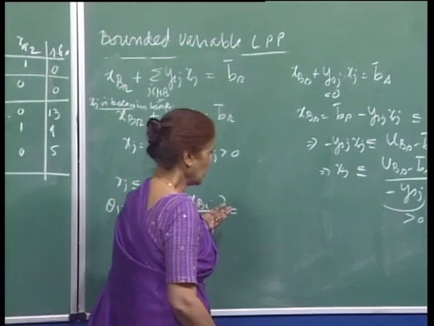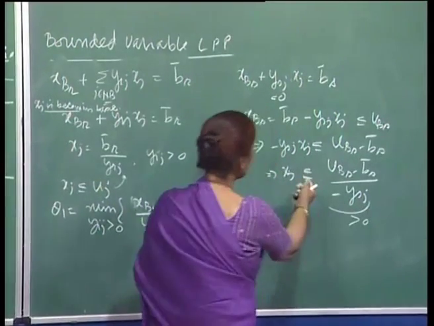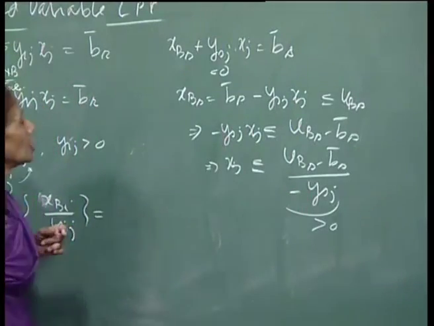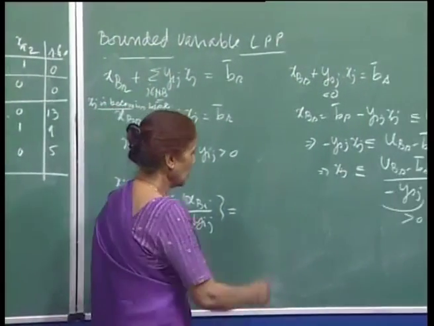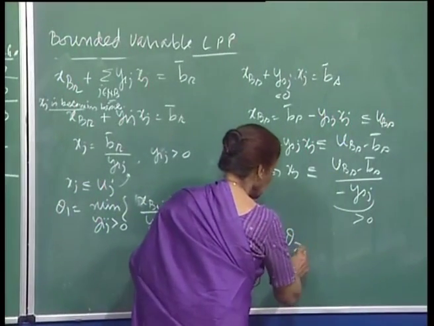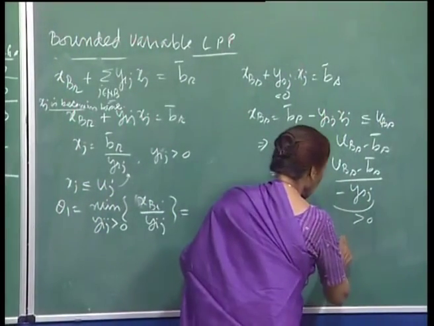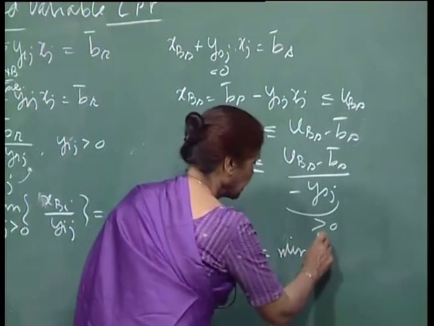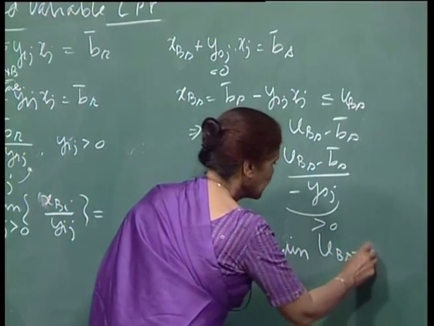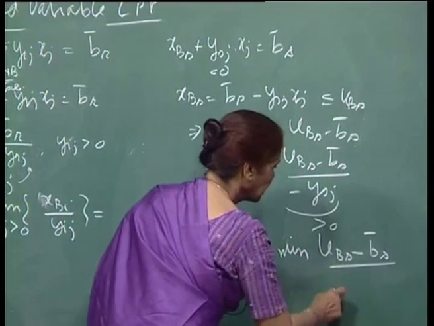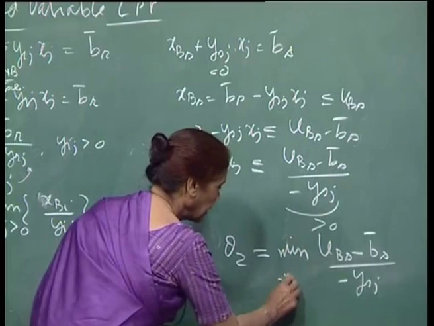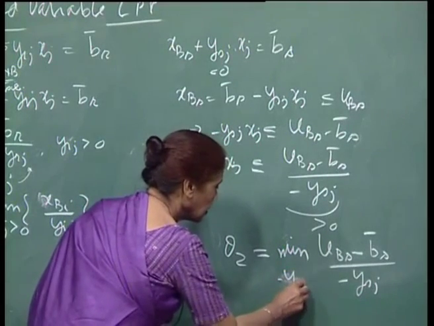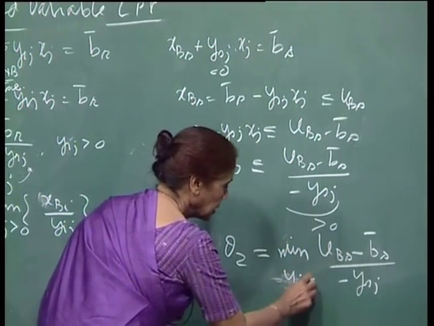You will have to compute this ratio for all those components of yj for which this thing is negative. So I will define my theta 2 as the minimum of UBs minus bs bar upon minus Ysj, where Ysj is less than 0.